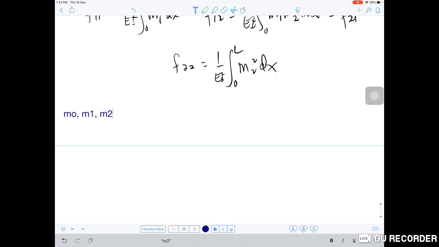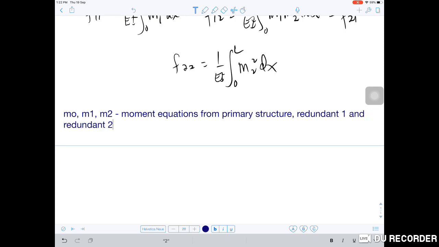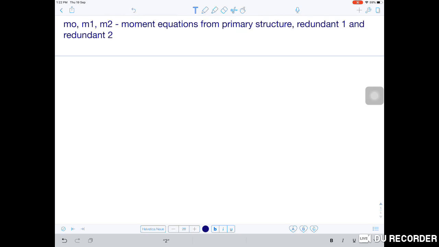M0, M1 and M2 are the moment equations from the primary structure, redundant 1 and redundant 2. Okay, let's do one example.